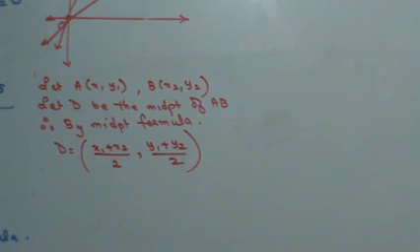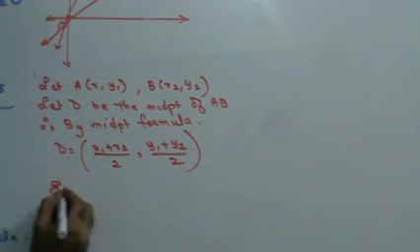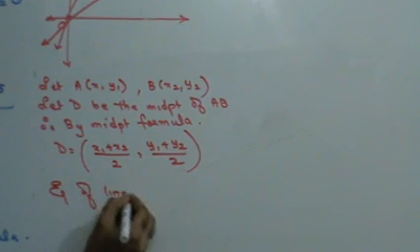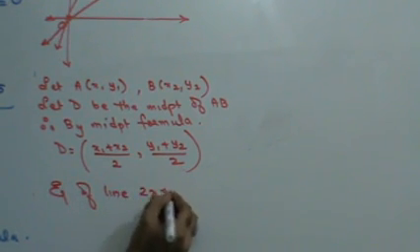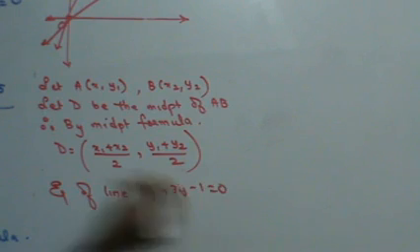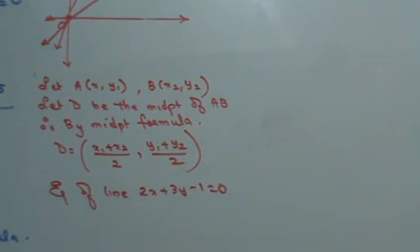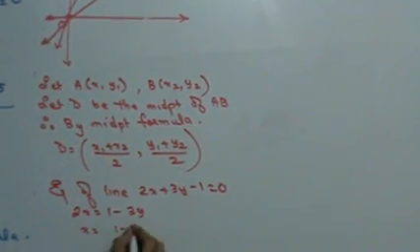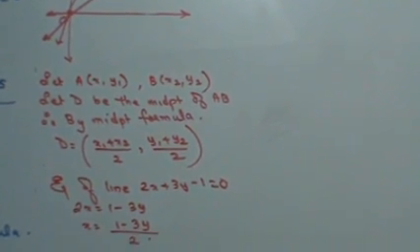Now, since the line AB and the pair of lines intersect each other, the equation of the line is given to you as 2x plus 3y minus 1 is 0, in which case I can say that 2x is 1 minus 3y, x is (1 minus 3y) upon 2.